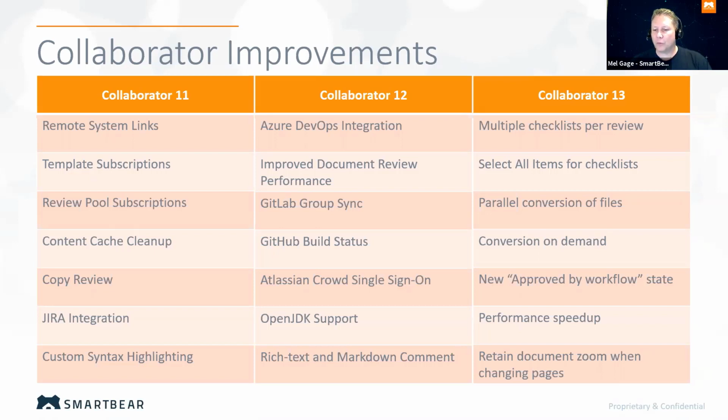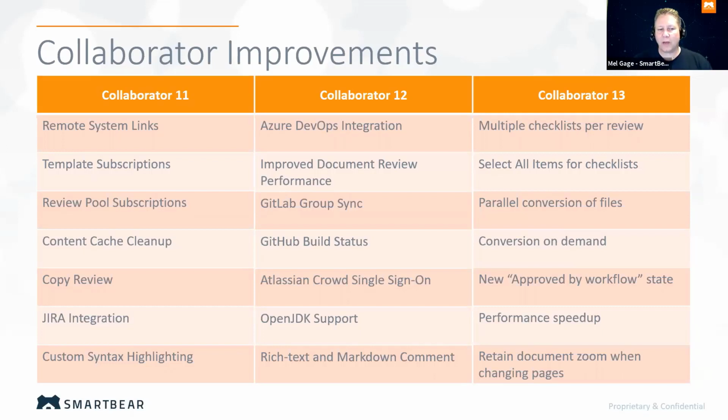And then these next ones, parallel conversion of files, conversion on demand, those are associated with document review, and we're going to see how that works. The conversion on demand has been a big sticking point for a lot of organizations. What we're going to see is when we bring documents into Collaborator for review, Collaborator actually generates a rendering of those documents for the diff viewer.